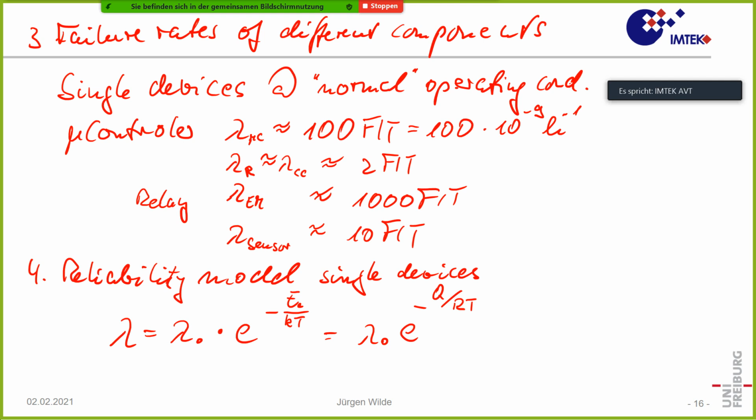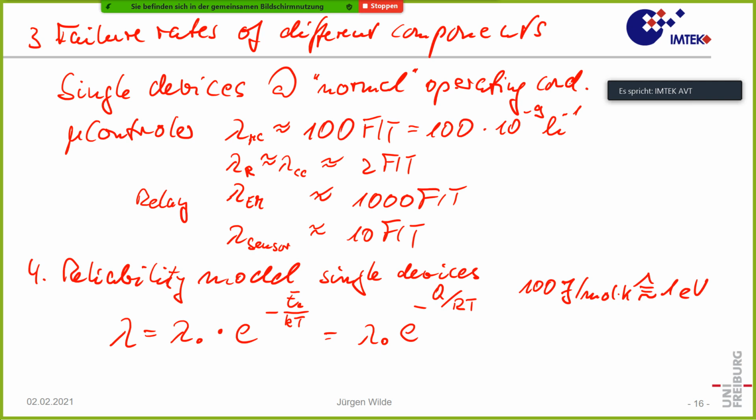I just found it by chance. If you have an activation energy of 100 joule per mole and Kelvin, then that's equivalent to 1 electron volt, roughly.